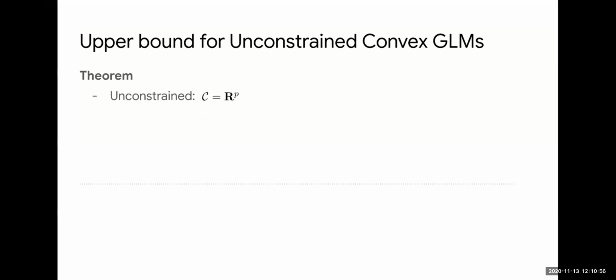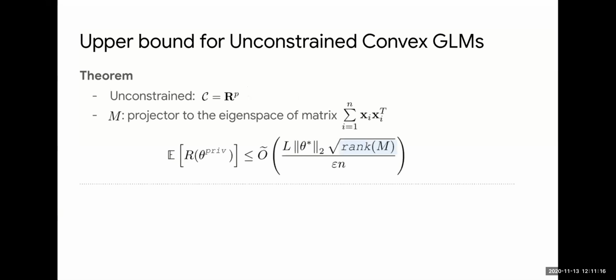So here is our result. For unconstrained convex GLM, meaning the constraint set is basically the whole space, we let M be the projector to the eigenspace of the sum of x_i x_i transpose, where x_i's are the feature vectors of all the data samples in our dataset D. We can show the expected excess empirical risk is upper bounded by this formula.